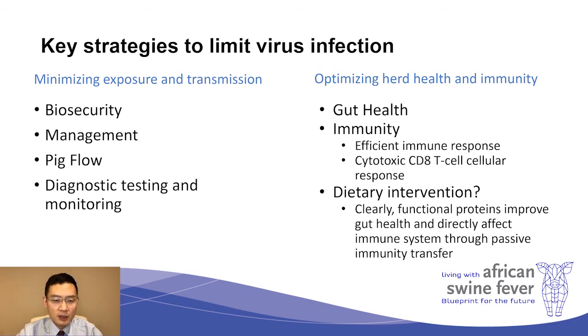That includes factors like increasing your biosecurity, better management of your farm or your employees, pig flow, testing and monitoring. Those are things you need to do, and you probably need to put in 100% or 120% of your effort.